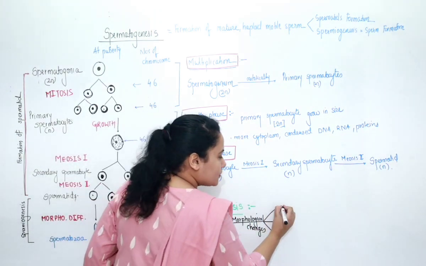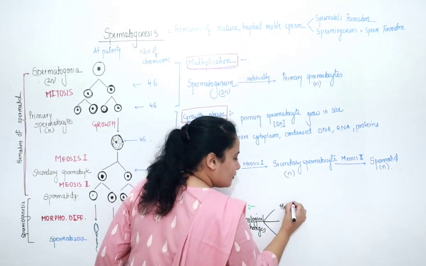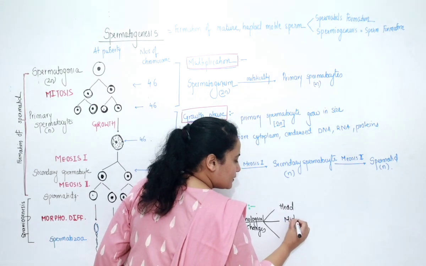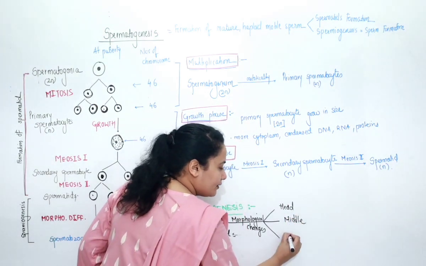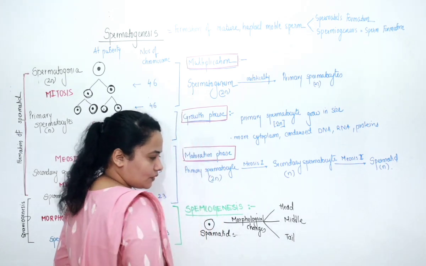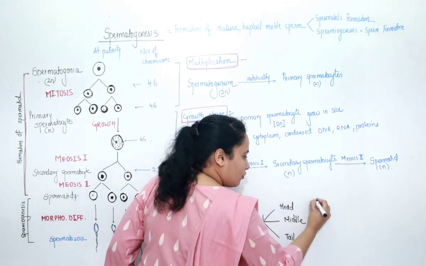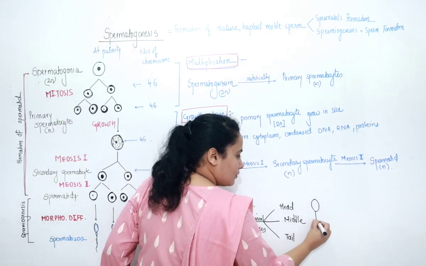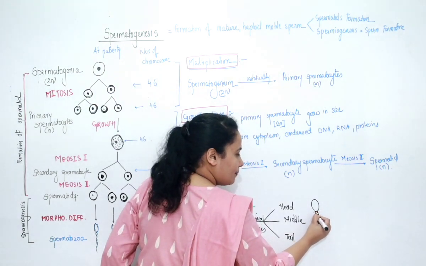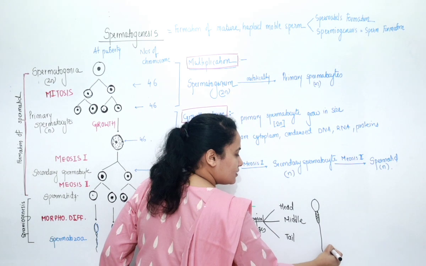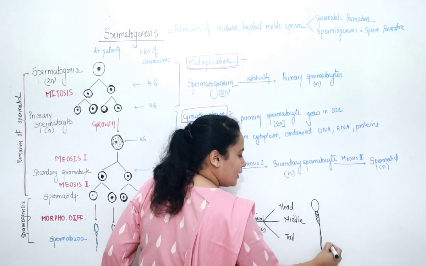And it forms head, middle piece and tail. Right? Head, middle piece and tail. So I'll draw over here. This is head. This is the middle piece. And then this is a tail. Right?